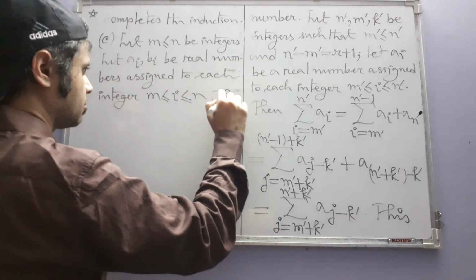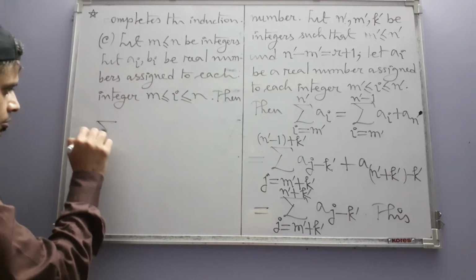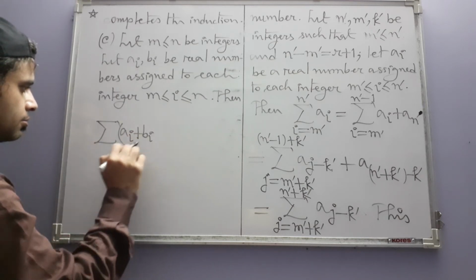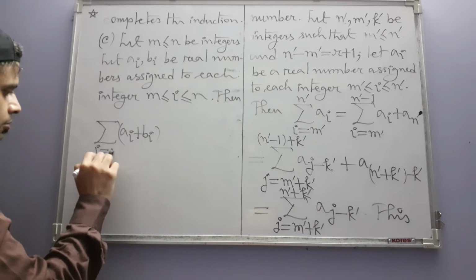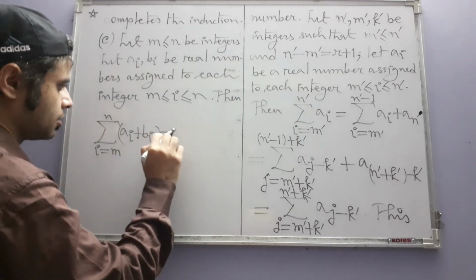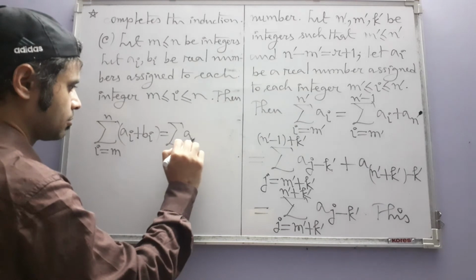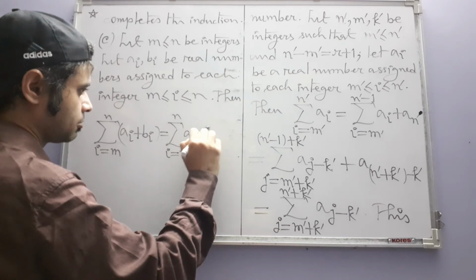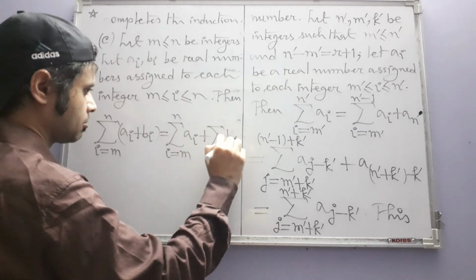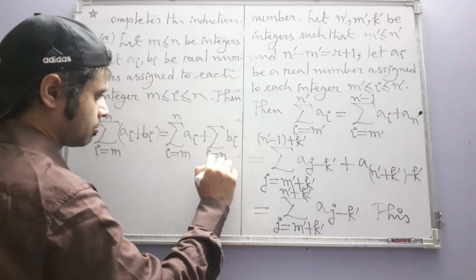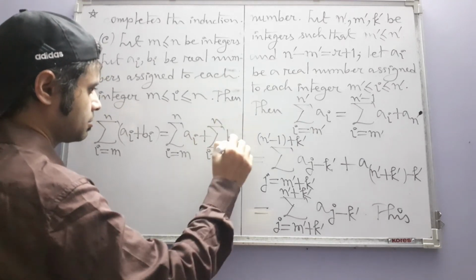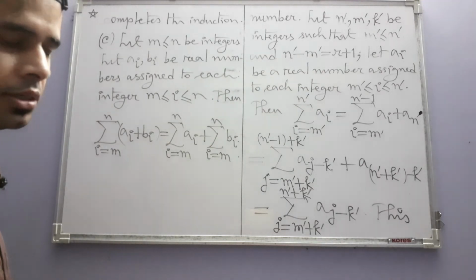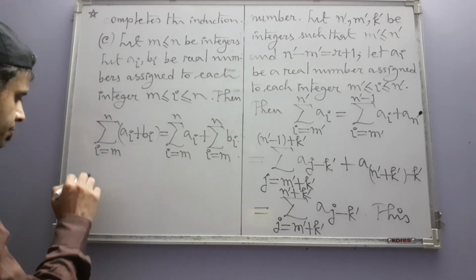Then summation ai plus bi is equal to summation ai plus summation bi. And this clearly happens because addition of real numbers is associative, it is commutative. Because of those things it happens.